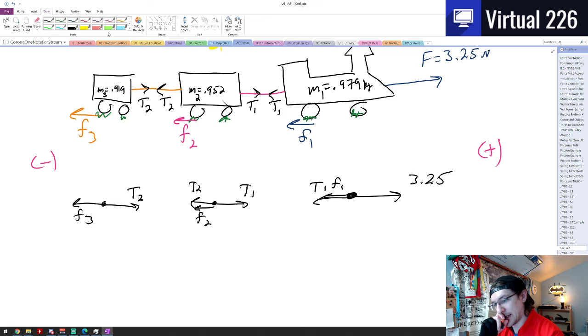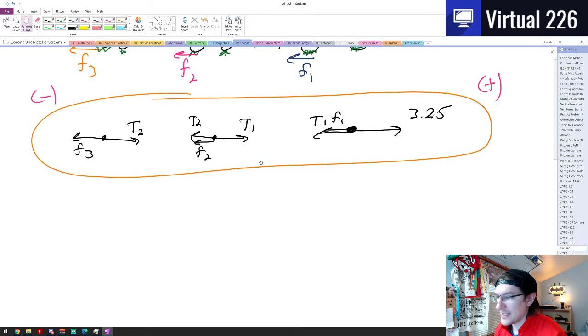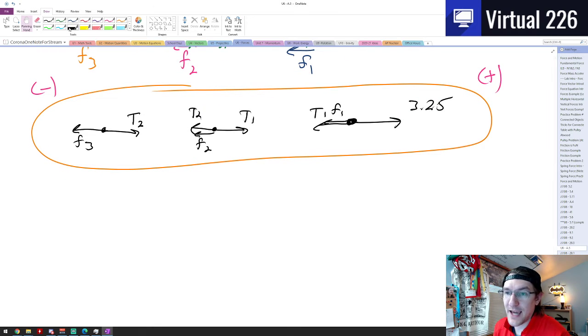If I want to find the acceleration, I can actually think of this entire train, the whole thing, as one system. And the beauty of that is a lot of these tensions that we don't know, the T2s, the T1s, are going to go away.